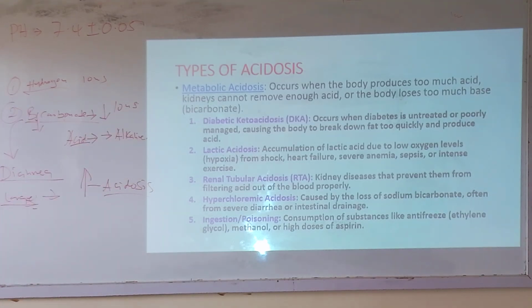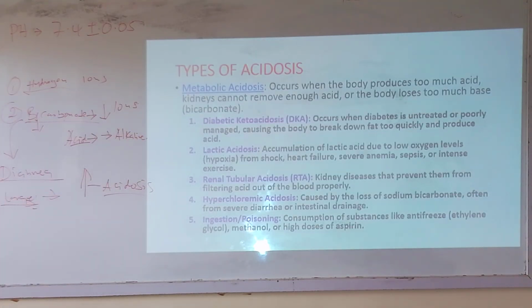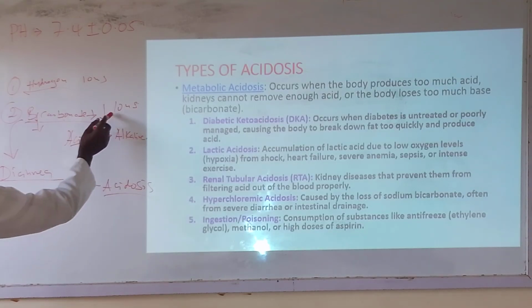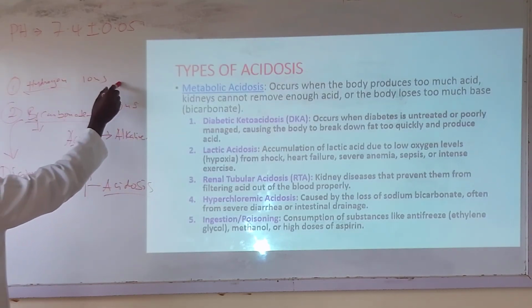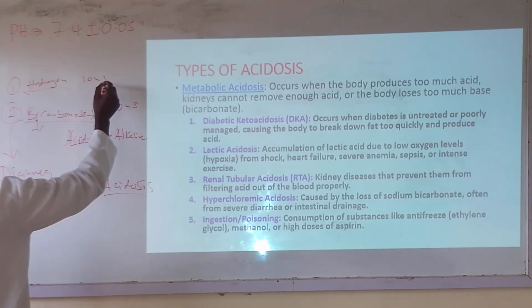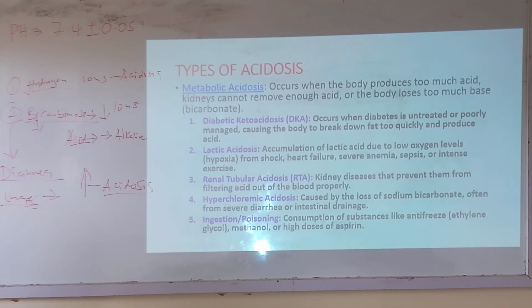Whenever there is accumulation of hydrogens, you get acidosis. Whenever there is accumulation of bicarbonates, you get alkalosis. If there is loss of bicarbonates, which means what is remaining is hydrogens, then you get acidosis. And that kind of acidosis is what is known as hyperchloremic acidosis, and one of the causes is diarrhea.